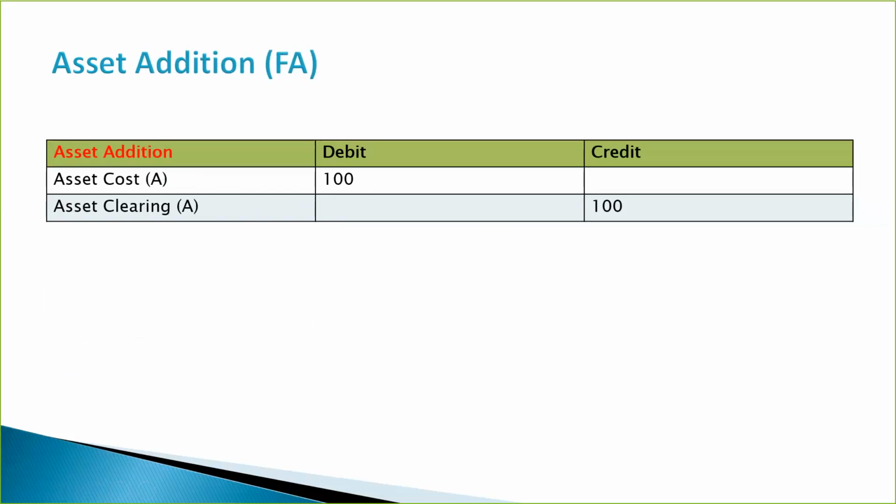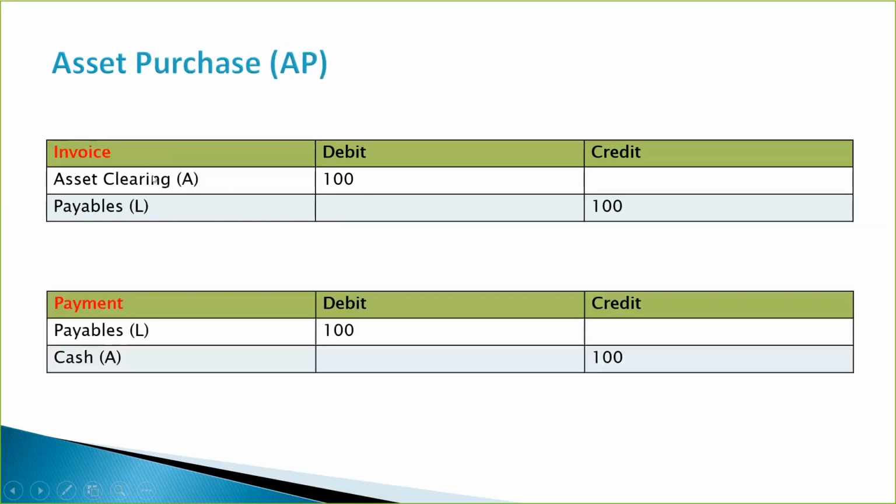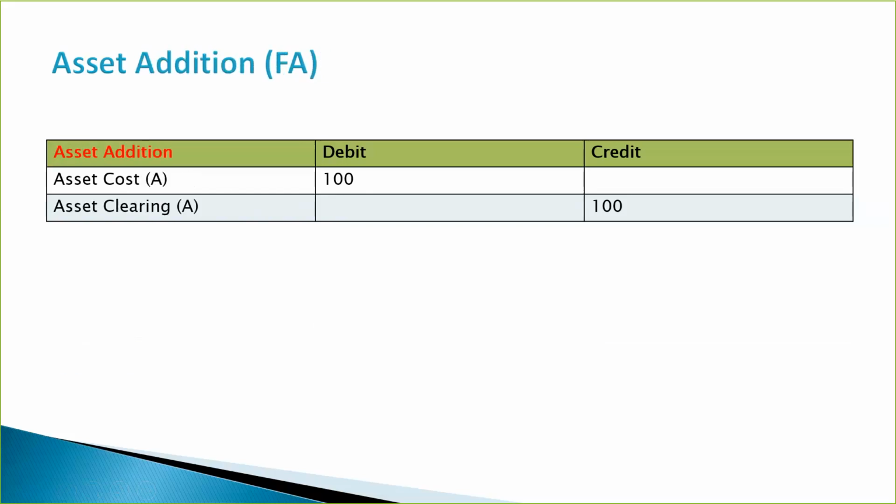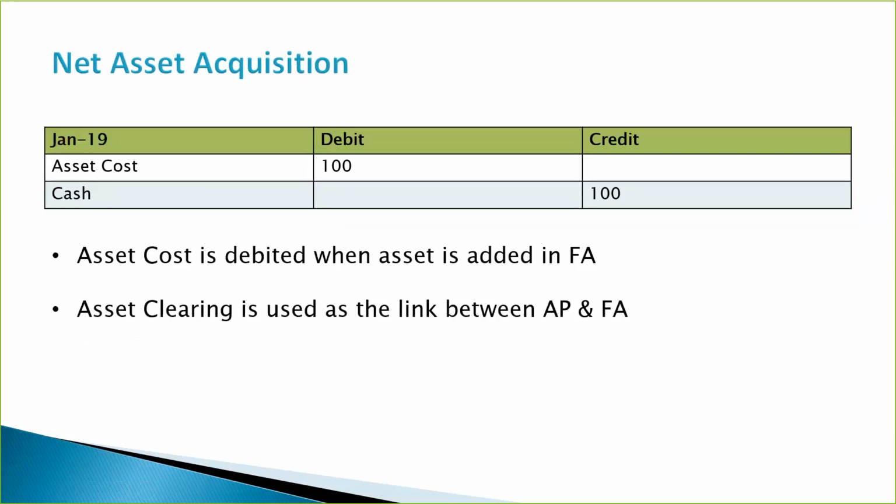So what we are left with is asset cost and cash, which is basically the whole net transaction we were talking about in our previous session, right? So you have added the asset, debit, and you have paid cash for it. That's the final representation of that transaction, from asset purchase to when it was added to your books.